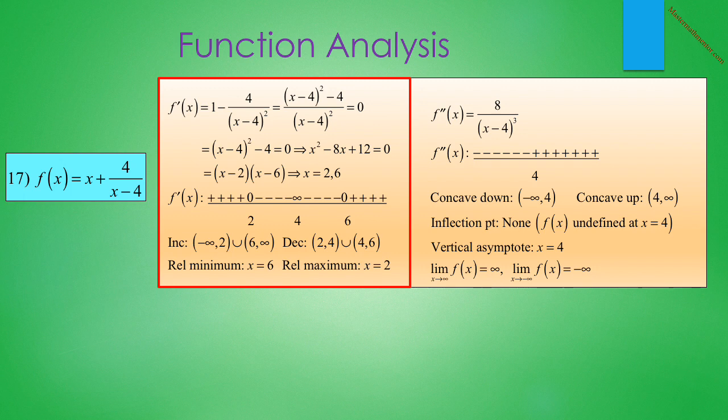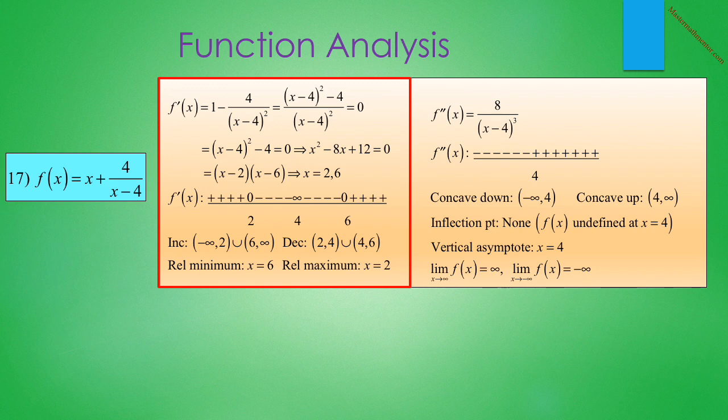Realize that we also have to set the denominator equal to 0 for critical values, and notice we also get x equals 4. So in our sign chart for f prime, we have f prime is 0 at x equals 2 and x equals 6, but infinite at x equals 4. We have 4 intervals that are positive, then negative, then negative, then positive.